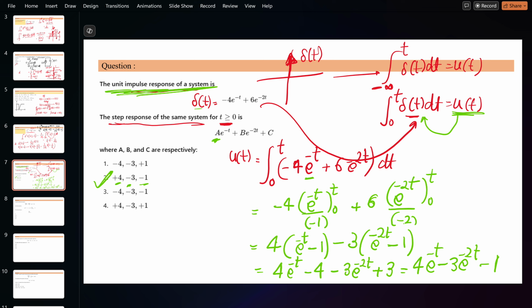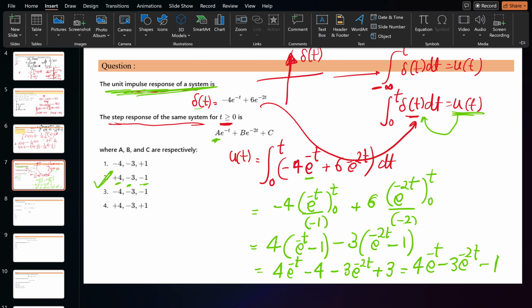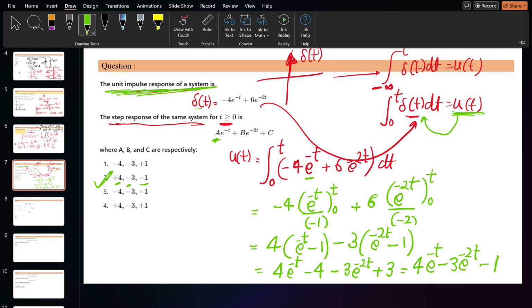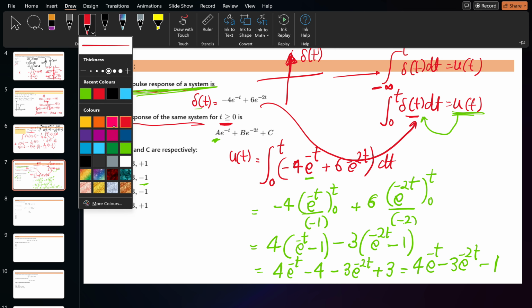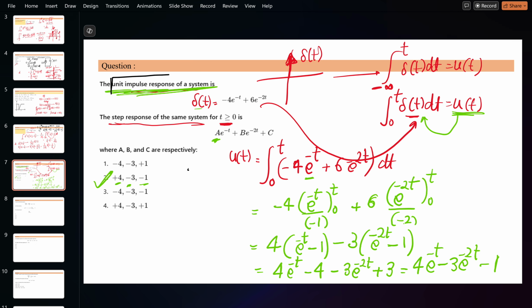Always look in the question. If you see in this question, the written words are unit impulse response. It means there is a system in between.